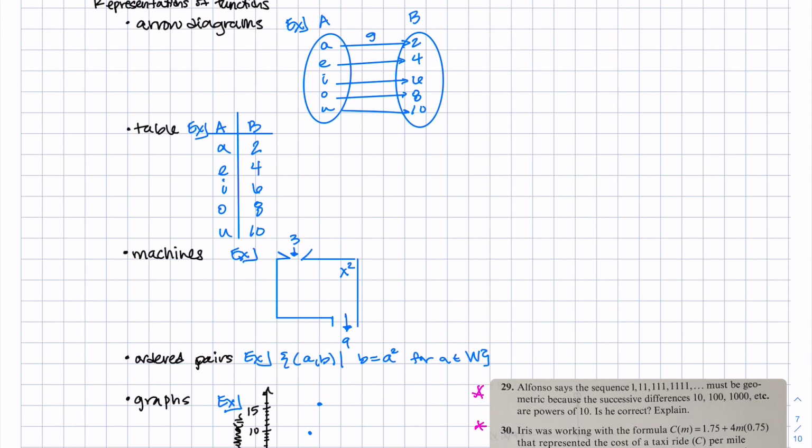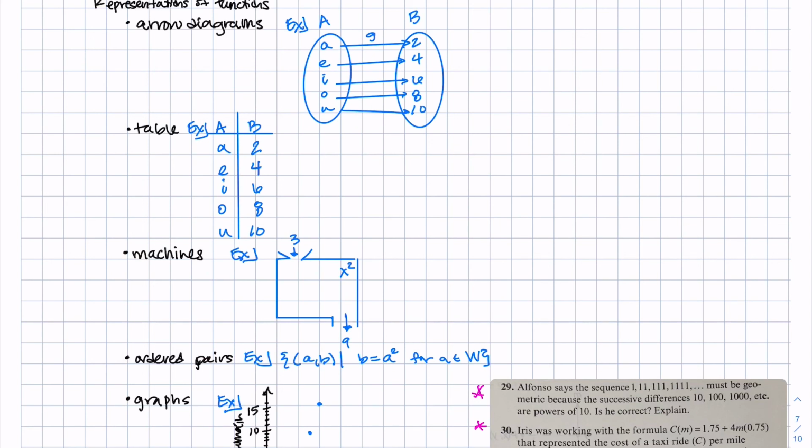They don't really illustrate something happening to the elements in the domain to get the elements in the codomain, which in some ways can be helpful. Sometimes certain functions don't really have that dynamic relationship.